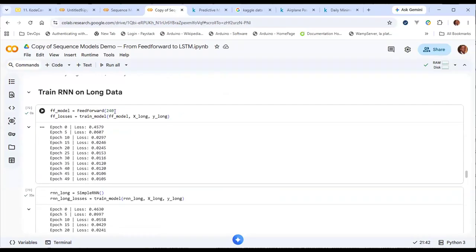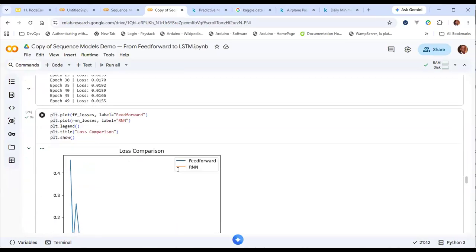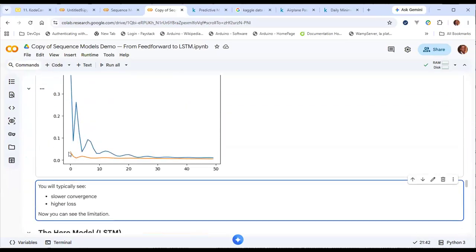But when we increase the length of the sequence to 240, which unfortunately I cannot do with our airplane data, because the maximum length there is 140, you can already see with sinusoidal data that the RNN is now doing much better in predicting the sequence, right?